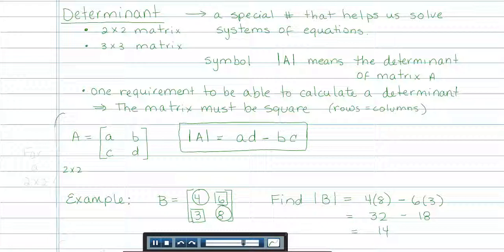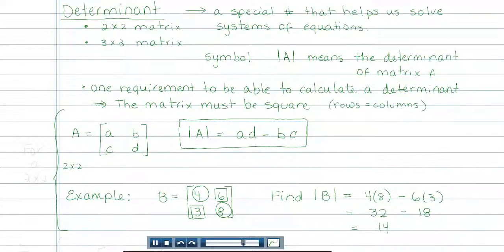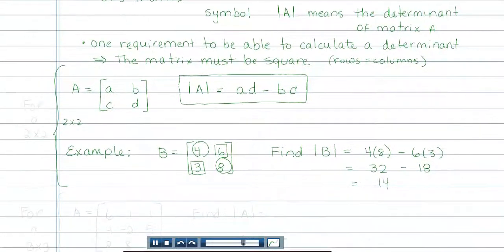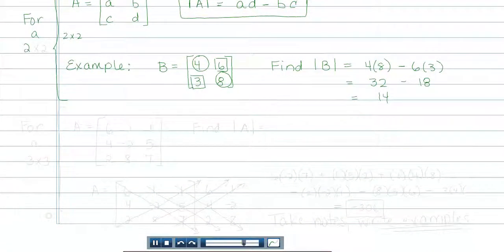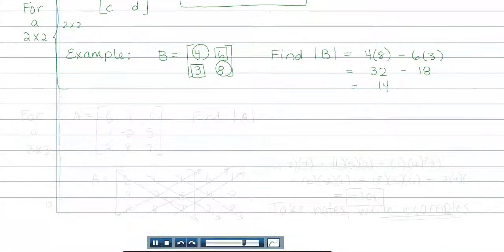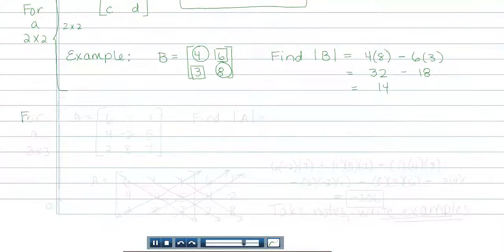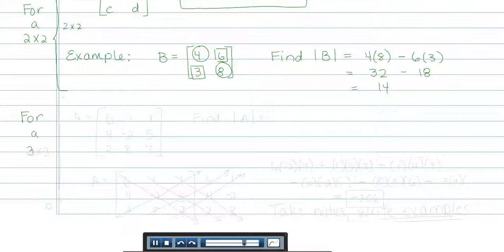Now remember, this is how to calculate a determinant for a 2x2 matrix. Now this is what you would have to do for a 3x3. And what I'm going to try to show you is a quick shortcut that I find makes it a lot easier to calculate the determinant for a 3x3 matrix.